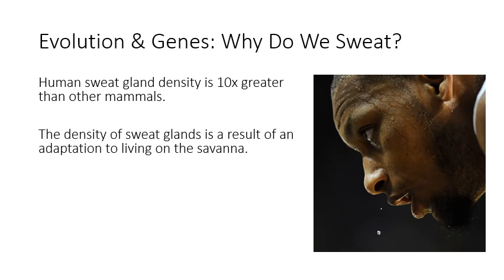So the density of our sweat glands is a result of an adaptation living on the savanna, and what we know about our evolution and what paleoenvironmentologists tell us. During the Miocene, there was a drying event, and a lot of forests were lost in the eastern portion of Africa, really producing the environment and the geography that we see currently.